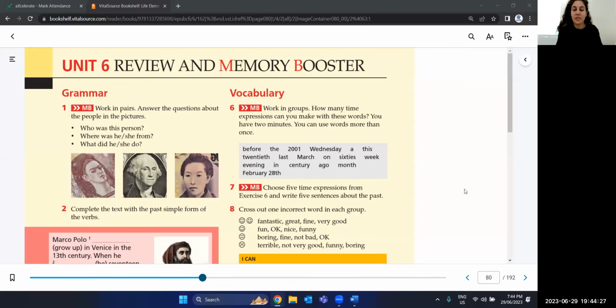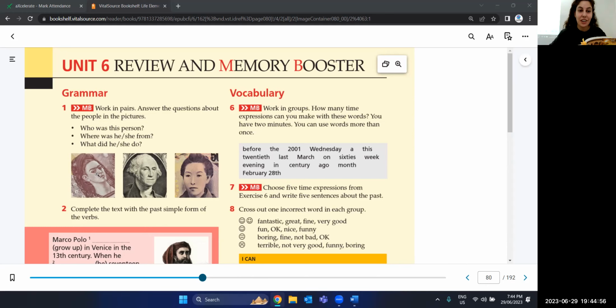Okay, so we'll continue with some of the presentations next lesson, but let's continue with our book. We are at the end, Unit 6 review and memory booster. Let's look back at what we did in this unit. Do you remember we looked at currency, the money?